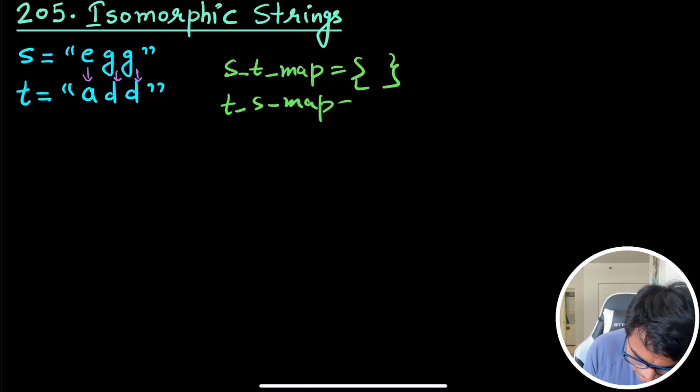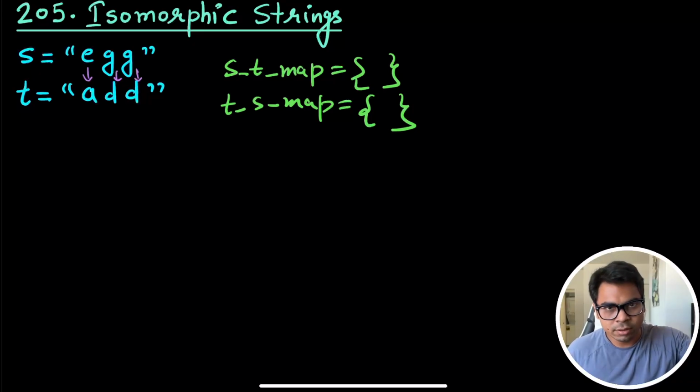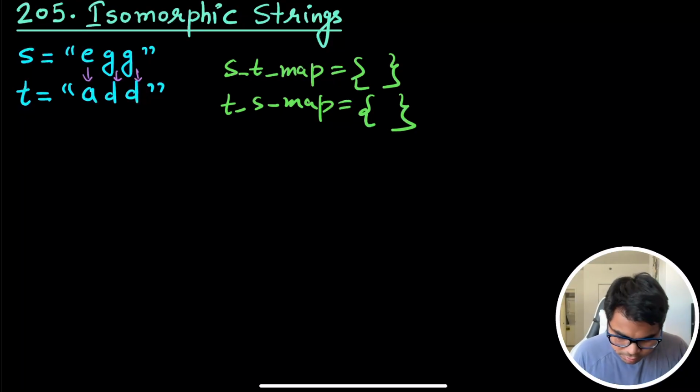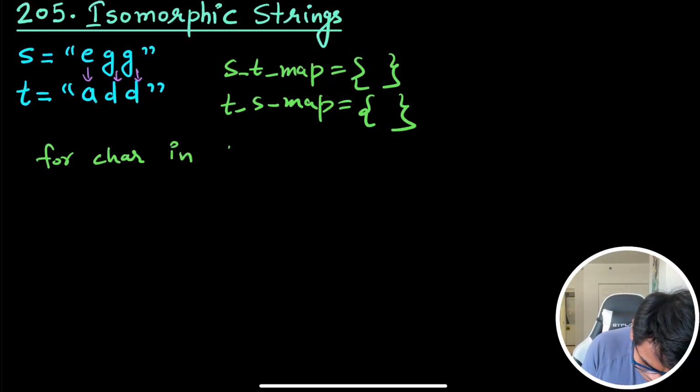And we're going to map these characters, and if we have seen that character already occurred before, then we're going to check that the mapping is exactly the same as the current characters' mapping. So what I'll do is go over, let's say, char in S. Here we need to access both chars.